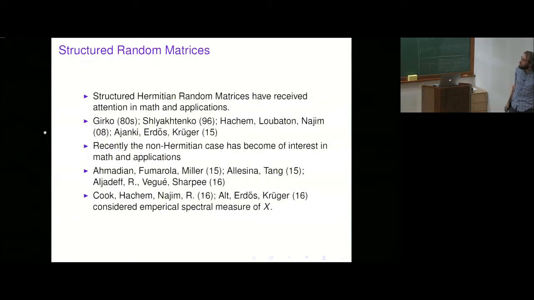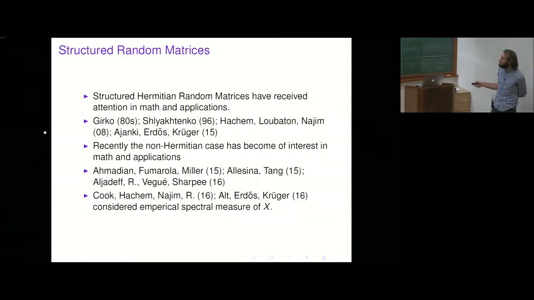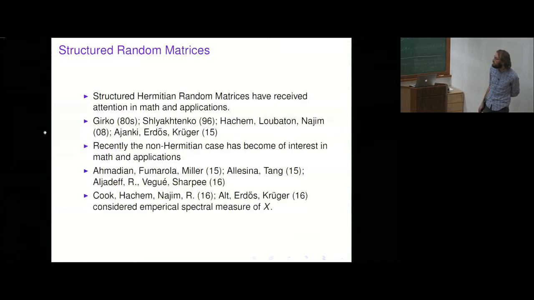These have been quite popular recently. In the Hermitian setup, they were first studied by Girko in the 80s, and then Shlyakhtenko in a free probability setup in the 90s. And then with an eye towards application, Anderson, Zeitouni, and Najim studied these. And then they were basically completely understood by Ajanki, Erdős, and Krüger a few years ago. And then much more recently, the non-Hermitian case has also been of interest.